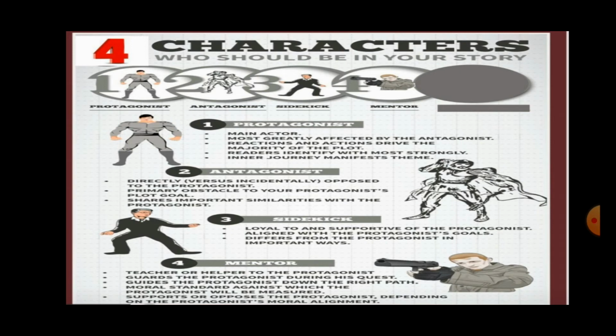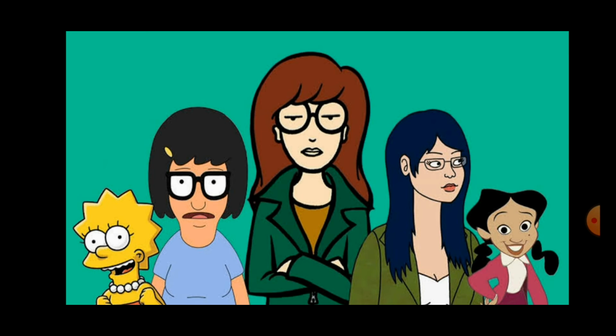Second one is antagonist, a person who is strongly opposed to the protagonist of a drama or film, etc. Simply, we call him villain in movies. Sidekick, a close assistant, especially one who has less authority than the protagonist, aligned with the protagonist's goal.